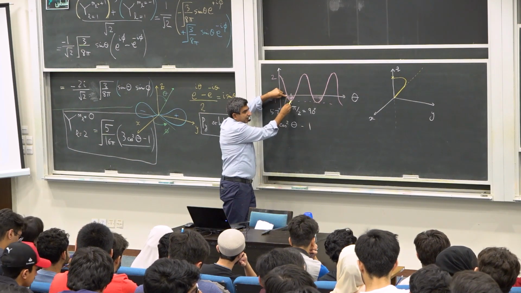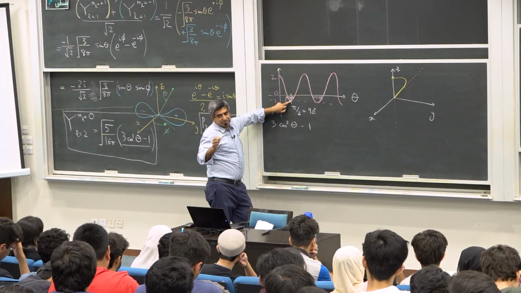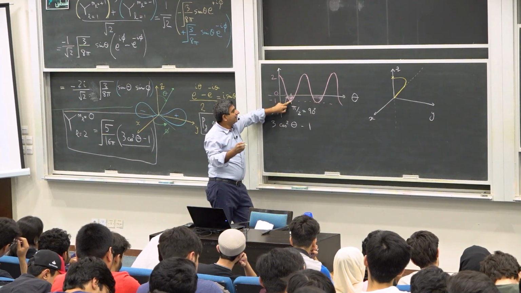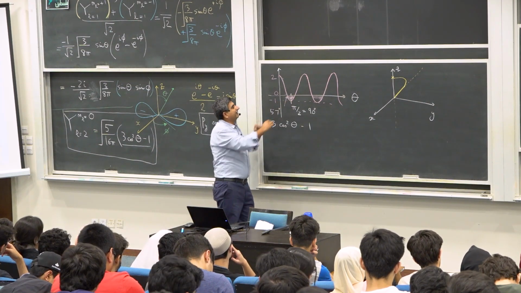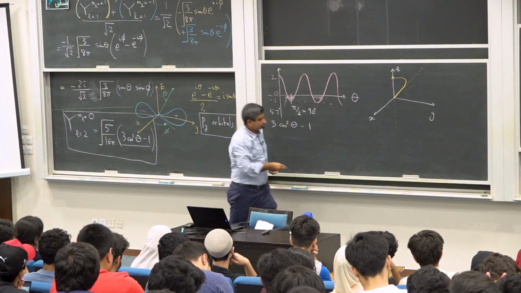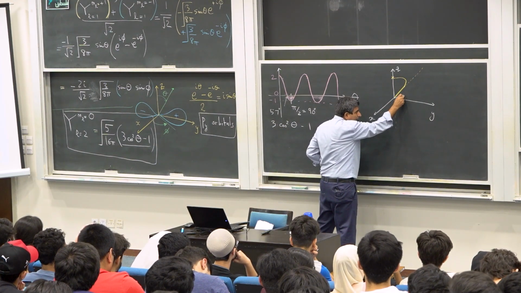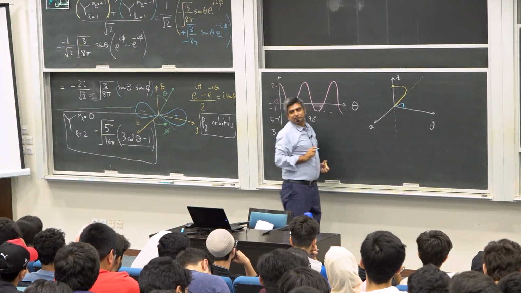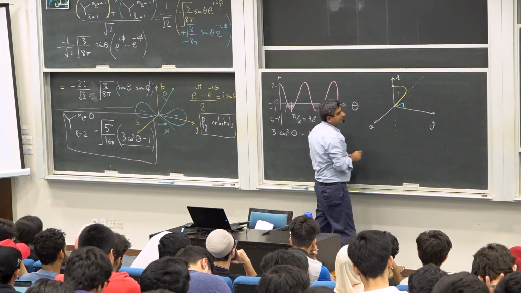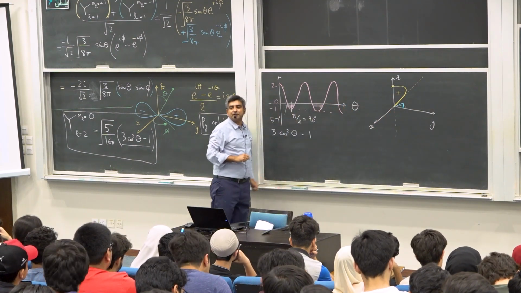It takes a negative value, reaches a minimum value, which means further away from the origin again, and at about 90 degrees it's this far from the origin. So I will get another lobe over here, a smaller lobe. In this region the orbital is positive, and in this region the orbital is negative.